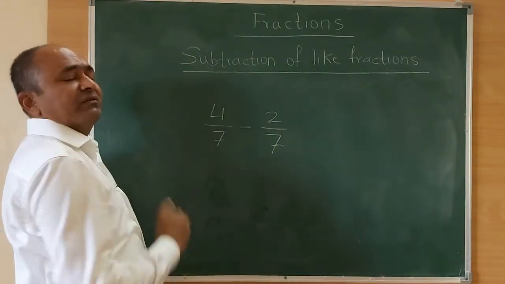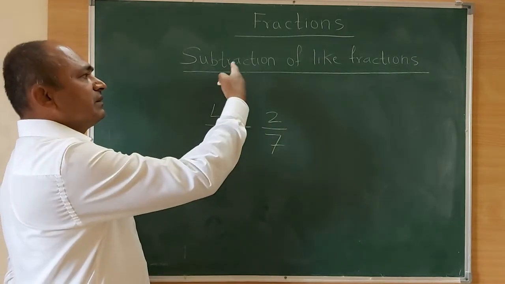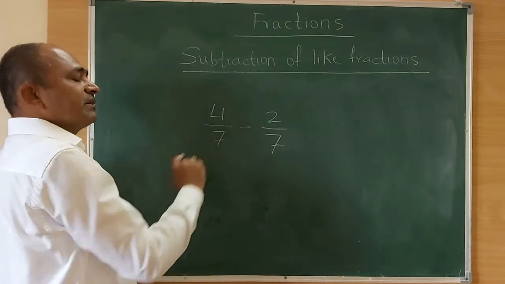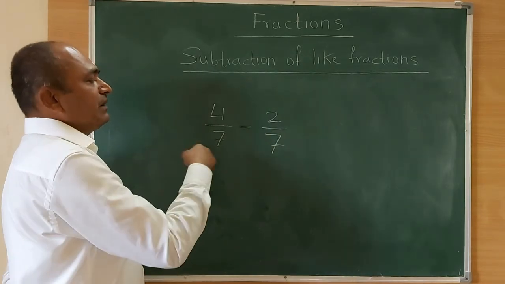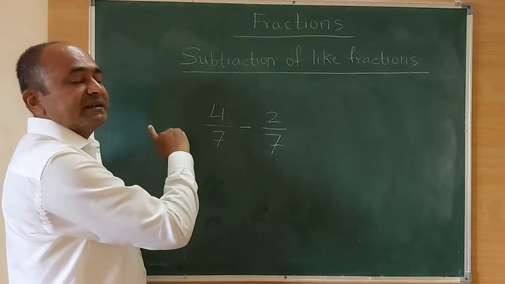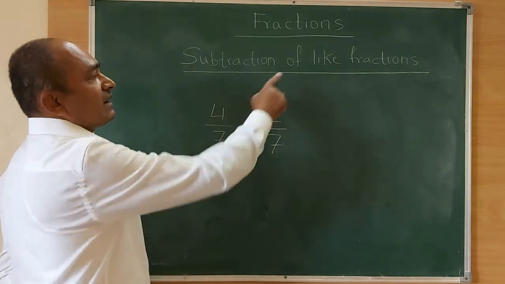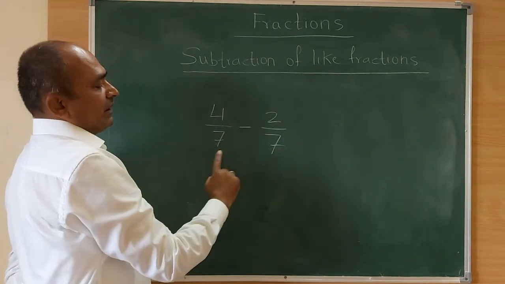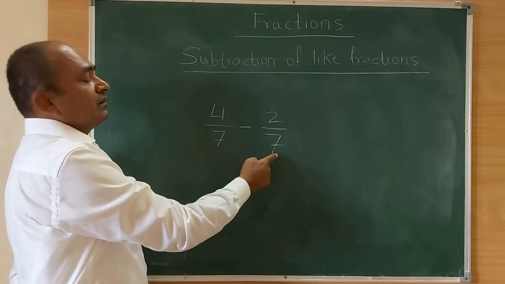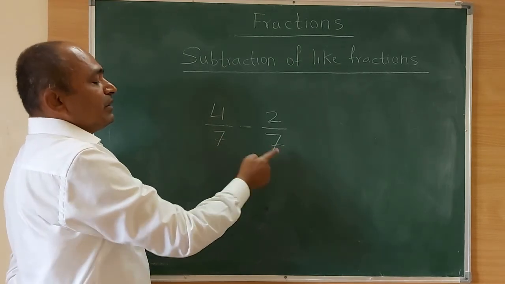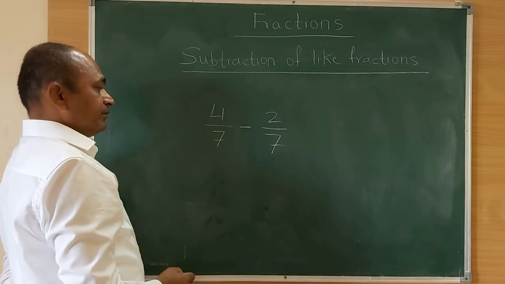We saw addition of like fractions. The methodology is the same for subtraction also. The method is the same; only here it is subtraction, there it was addition. The fractions are like fractions here. I again repeat, like fractions means fractions with the same denominator, a common denominator.